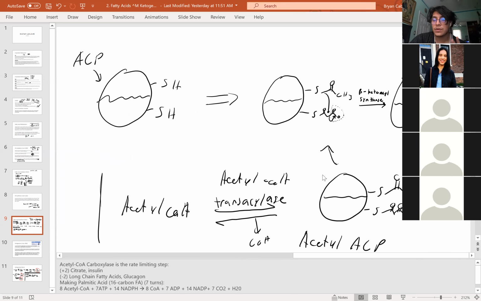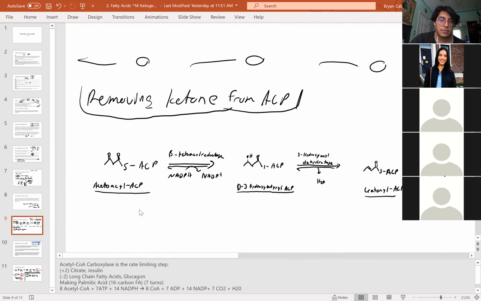And you have your two ketones, right? I just drew it over here like the ACP. You can imagine the bead of it right here. So what you're going to have to do is basically reduce the heck out of your ketone, so it could just be a flat carbon group rather than a carbonyl group.